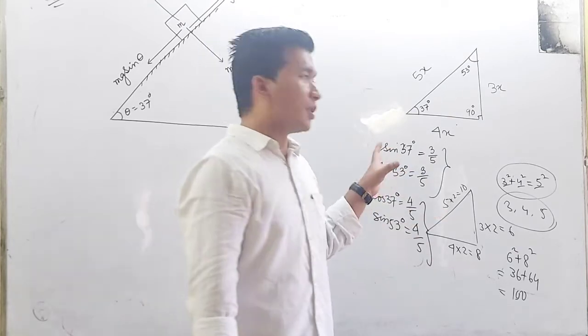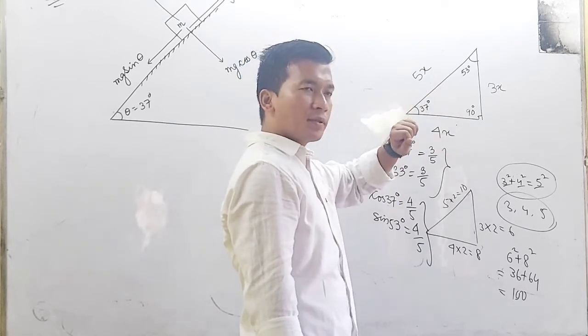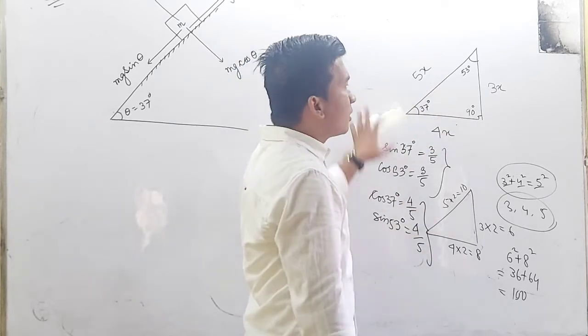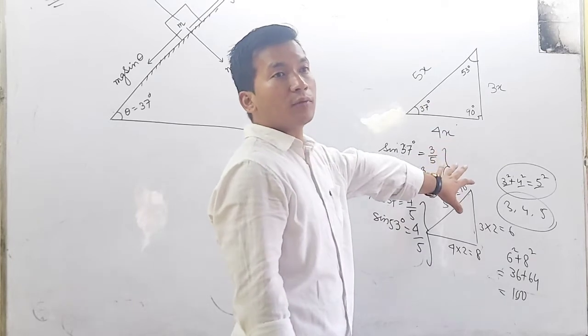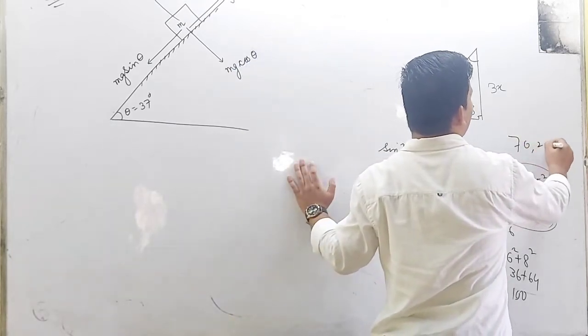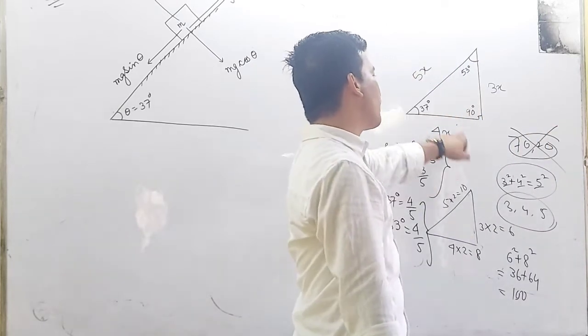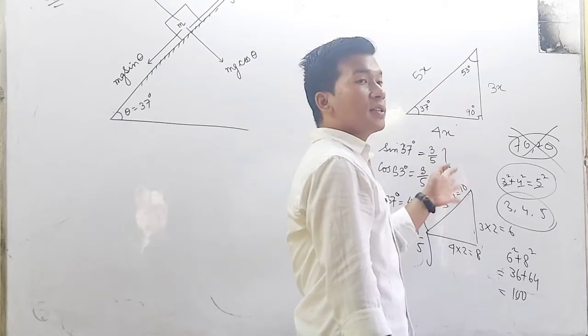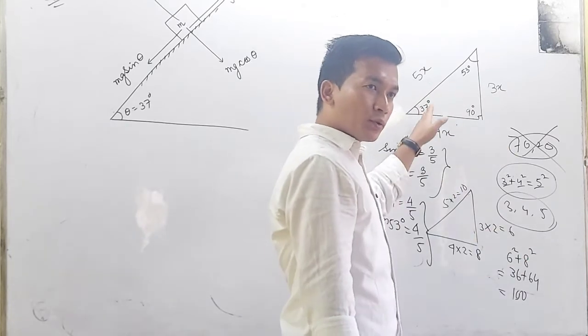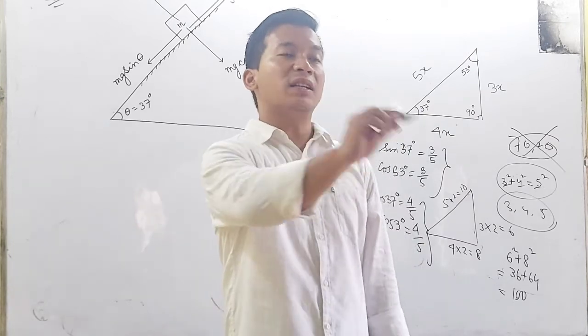This logic will follow for the complementary angles 37 and 53, but it will not be true for 70 or 20. You cannot apply this shortcut trick for 5x, 3x, 4x in other cases. This will be true only for 37 and 53.